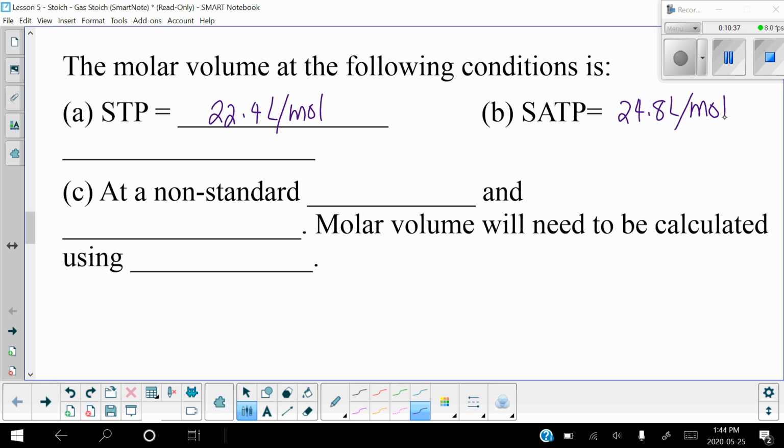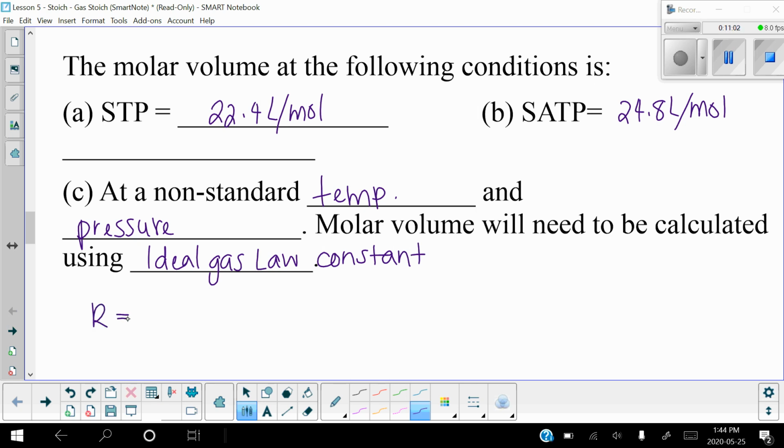At a non-constant temperature and pressure, molar volume will need to be calculated using the ideal gas law constant, which was capital R. R is equal to 8.314 kPa over mole.